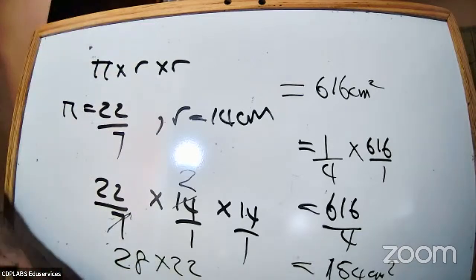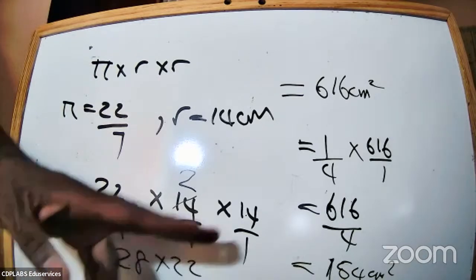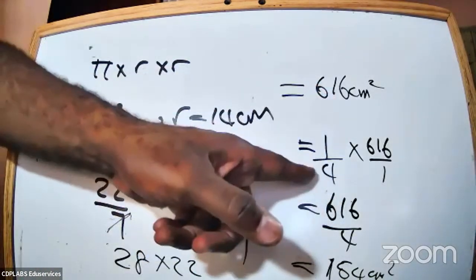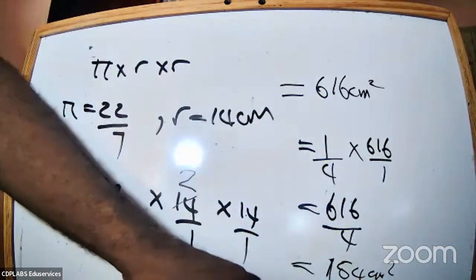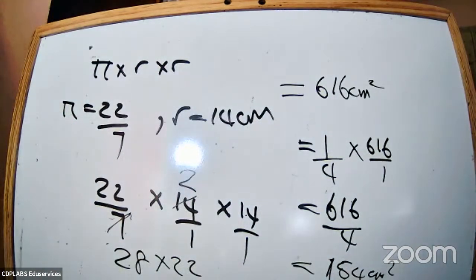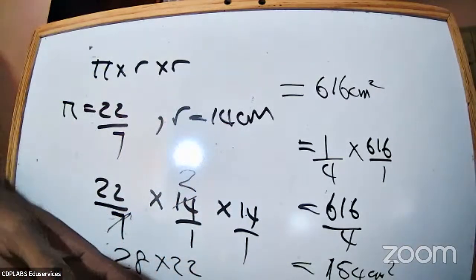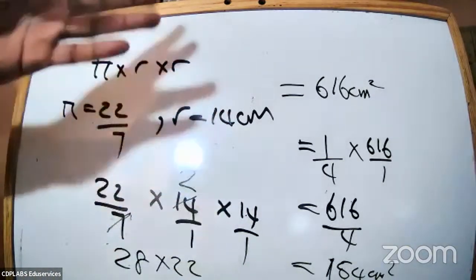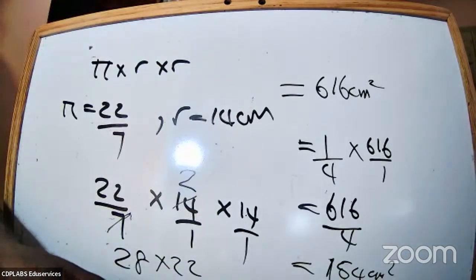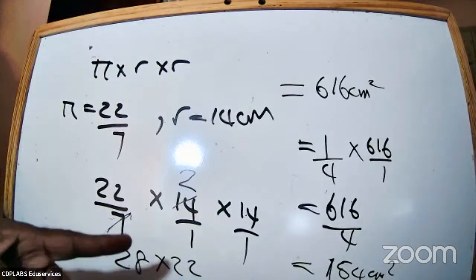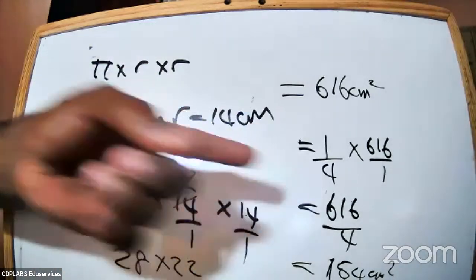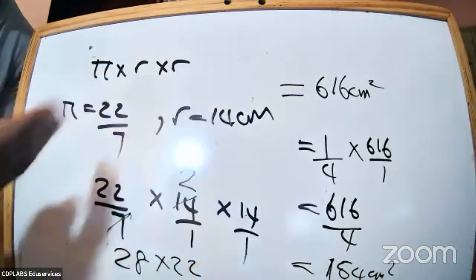And you'll see everything. So this times this is the area of the circle, and a quarter of the 616 is this. So we found the area. Now we need to find the perimeter of the same field. In order to find the area of a sector, you use the size of the angle of the sector and divide 360 by the size of the angle to find what fraction of the circle is the sector.